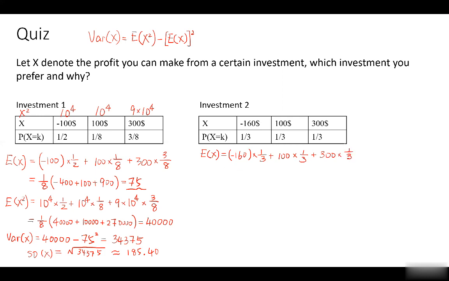And this is 1/3 times minus 160 plus 100 plus 300, which is 80, right? So the unit is dollars.